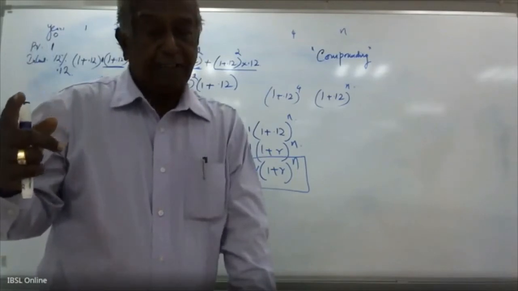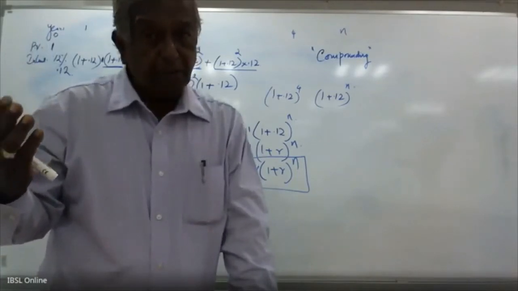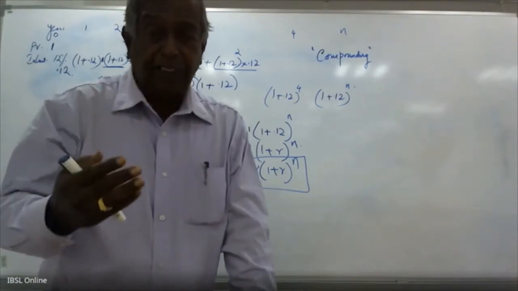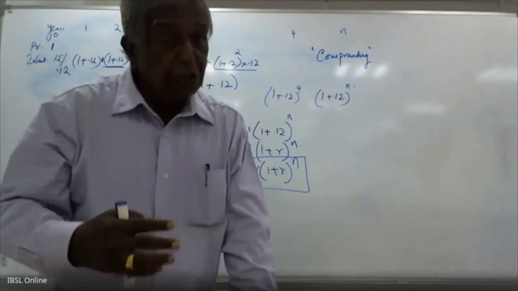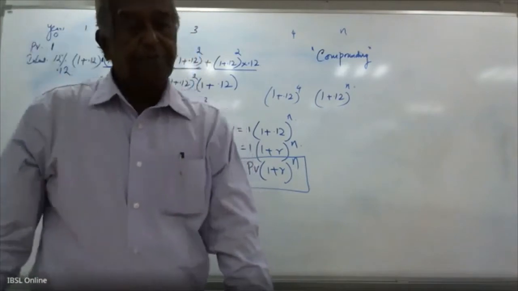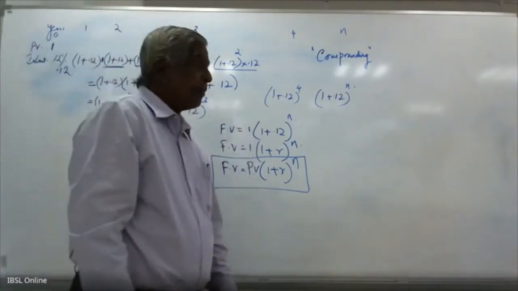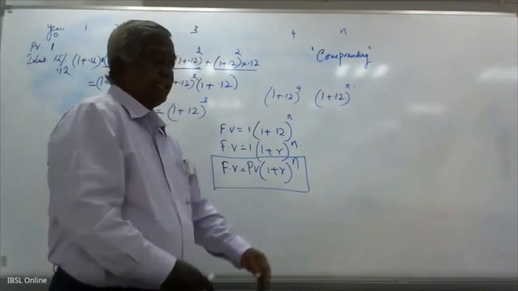So if we ask what is compounding, you must tell that compounding is a technique converting present value of the money to the future value. And this is the compounding formula.